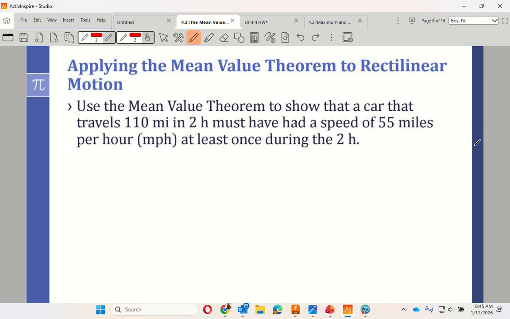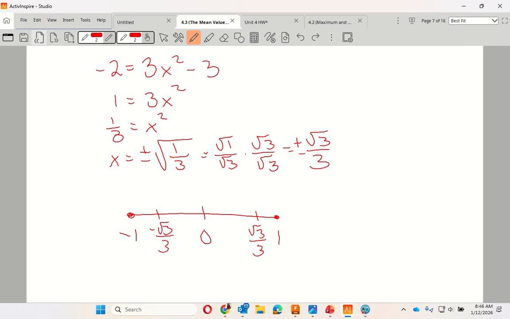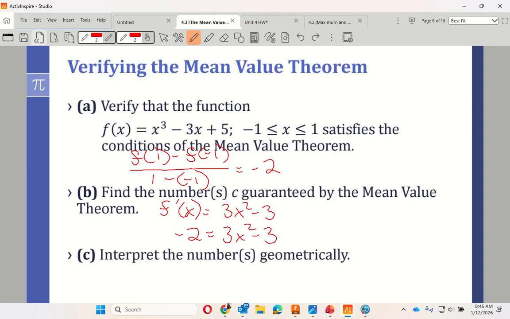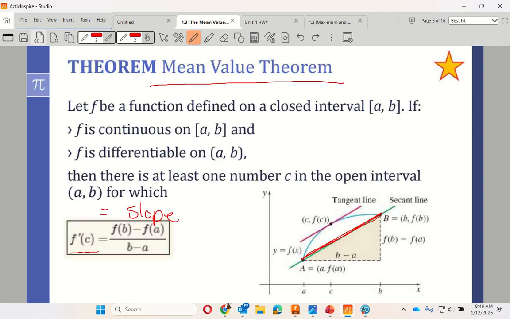Yep. There must be at least one number c in the open interval (a, b). Very good. I'm going to back up a slide or two. Here it is. Continuous, differentiable, and for which the slope is equal to the derivative.